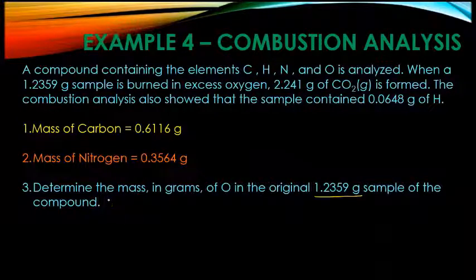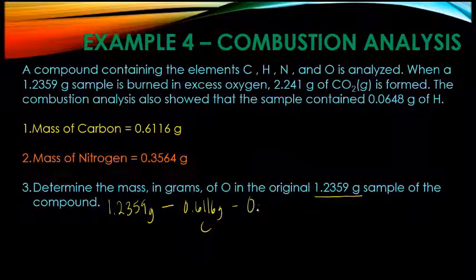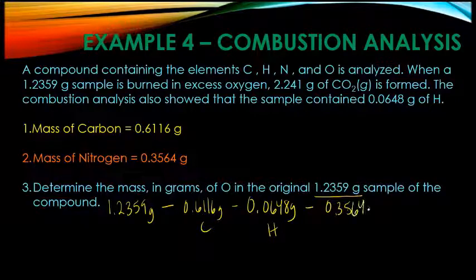We take our original 1.2359 grams, the entire compound, we subtract out the carbon, we subtract out our hydrogen, we subtract out the nitrogen, and that's going to give us the grams of our oxygen.